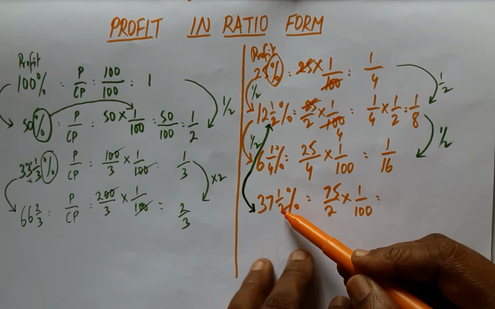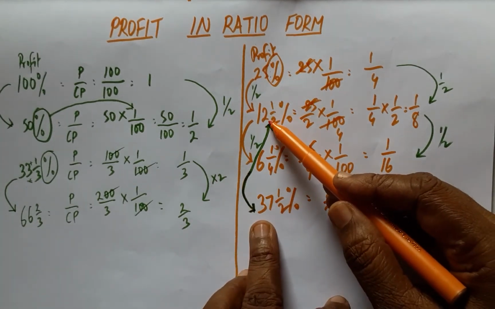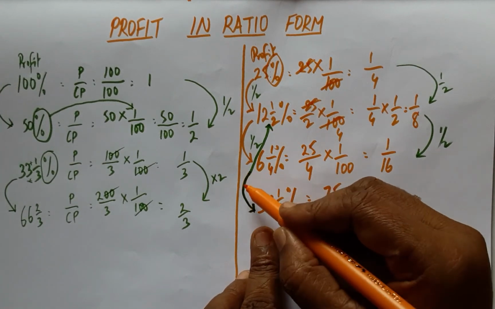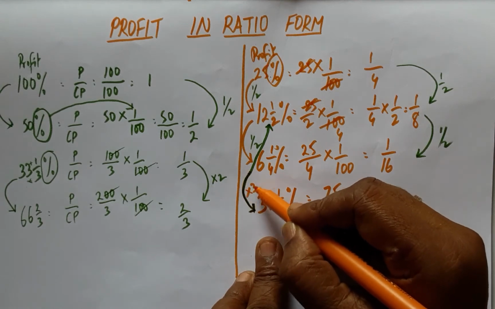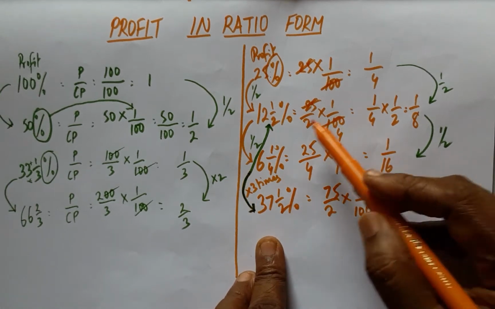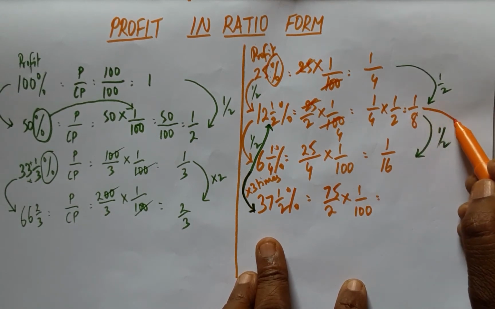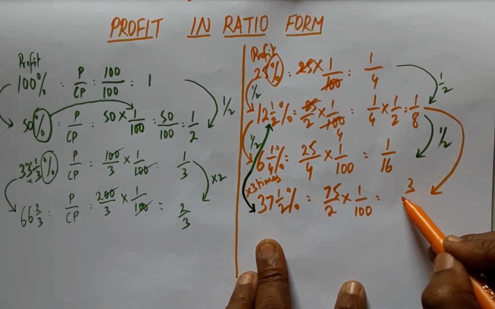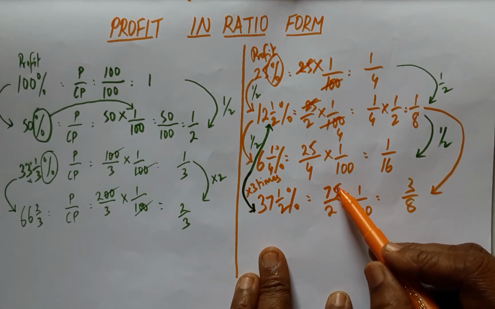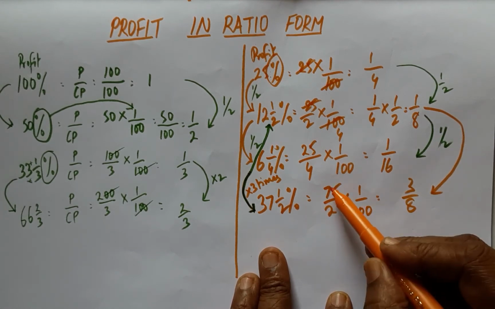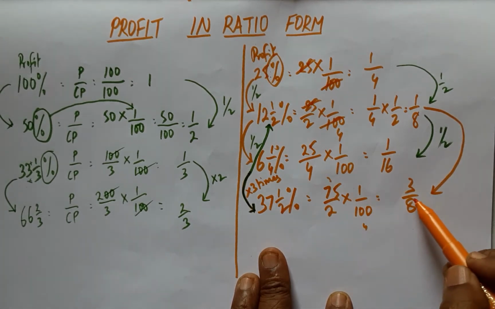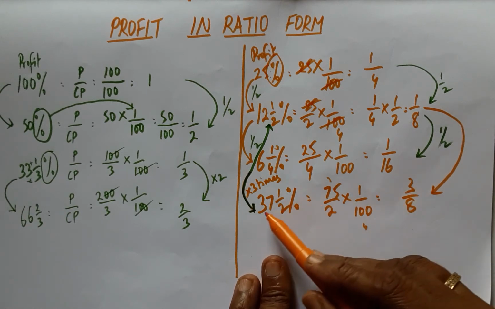Now 37.5 is exactly 3 times of 12.5. Therefore 12.5 fraction is 1/8, and 3 times of 1/8 would be 3 by 8, and you can also see 25 3s 25 4s, and therefore 2 4s is 8, and 3 by 8 is the fraction for this.